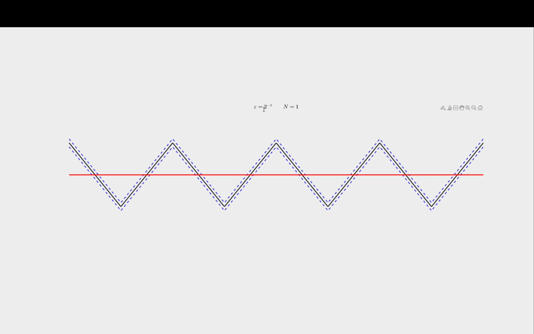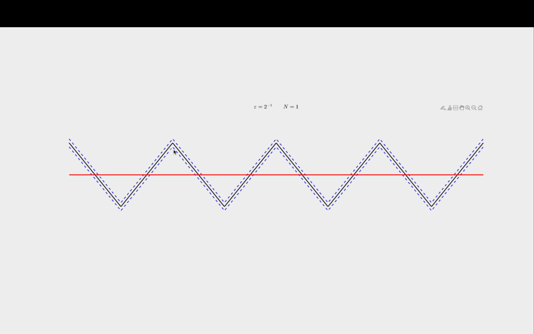That means if I let n get big enough, my truncated Fourier series will be completely inside this blue dashed ribbon that surrounds my black function, which is continuous. Now notice it has corners, so it's not differentiable everywhere. The derivative is sectionally continuous.